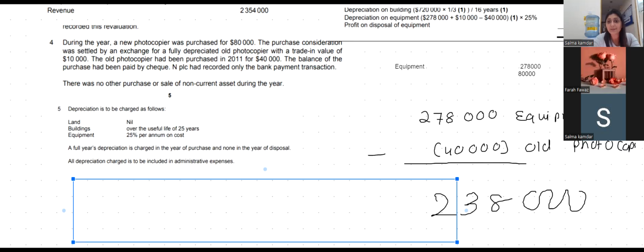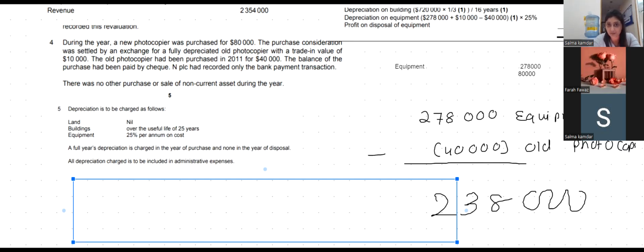10,000. So depreciation on the equipment would be the cost, the original cost 278 and the old machine is gone away. Old machine is for how much? 40,000. Old machine has gone away 40,000. Are you with me? Okay. And NPLC only records the bank payment transaction.